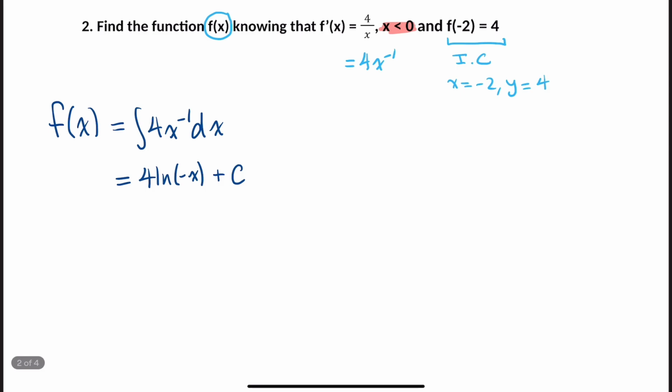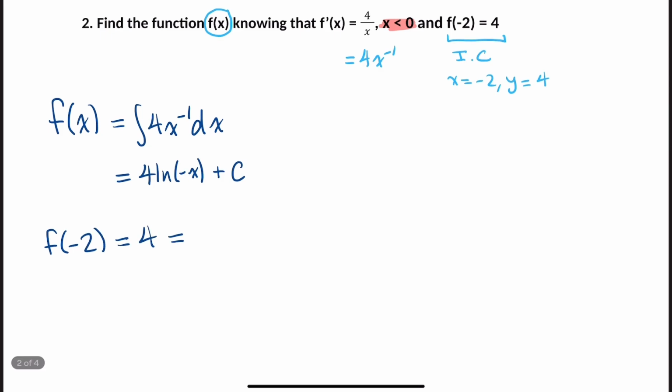We're told that f at negative 2 is equal to 4, so why don't we go ahead and do that. So f at negative 2 is equal to 4, and everywhere I see an x, I'm going to plug in negative 2. So this is going to be 4 multiplied by ln of negative 2, which will just be 2, plus c. And then I'm just going to rearrange.